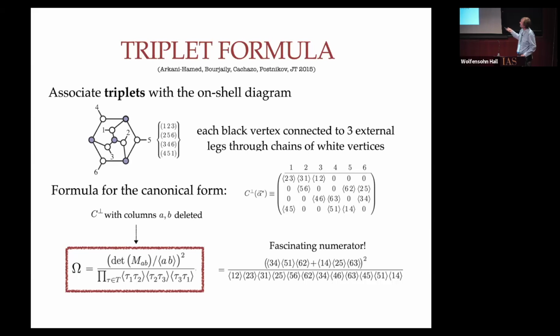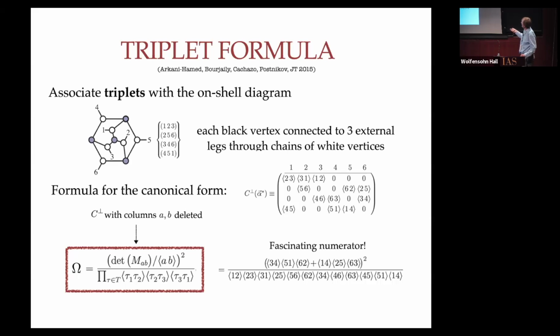So for each G2N graph, there are always n minus 2 black vertices, and each black vertex is connected through a chain of white vertices to 3 external legs. So this is special for the G2N. And this is how you read off the triplet. For this black vertex, you write the labels of the 3 external legs which are connected to it, and you have a collection of n minus 2 of them.